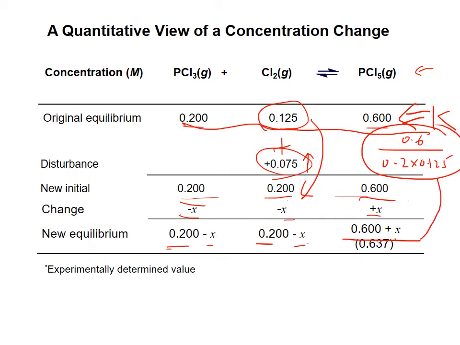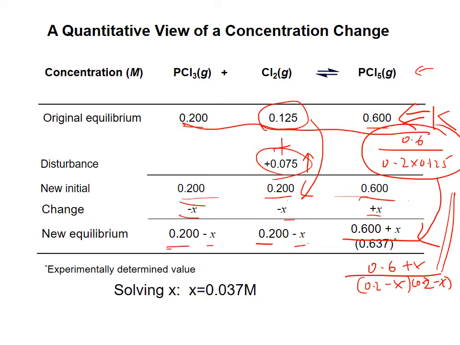And this should equal 0.6 plus X divided by 0.2 minus X times 0.2 minus X. So this equals K, and you can solve X. You have done many sample questions, so you should be familiar with this procedure now. So let me give you the answer.